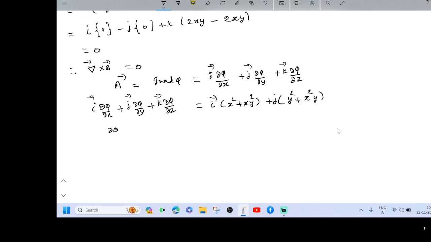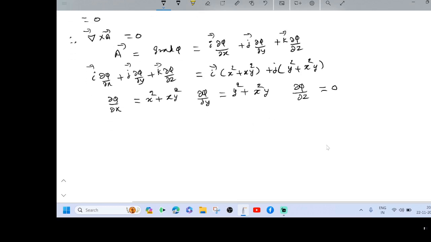Then we may write ∂φ/∂x equal to x² plus xy², ∂φ/∂y equal to the coefficient of j, y² plus x²y, then ∂φ/∂z equal to 0.